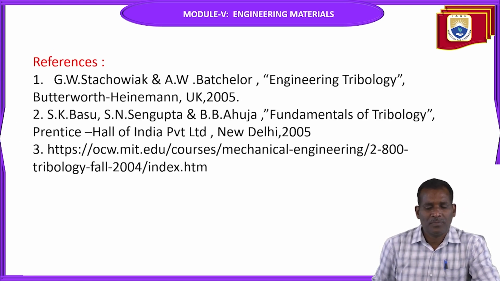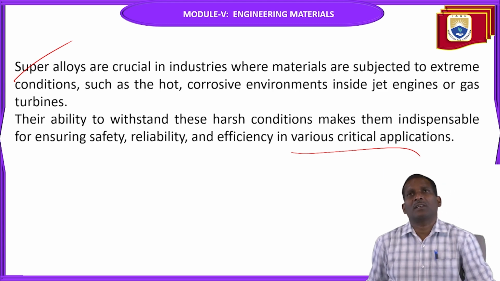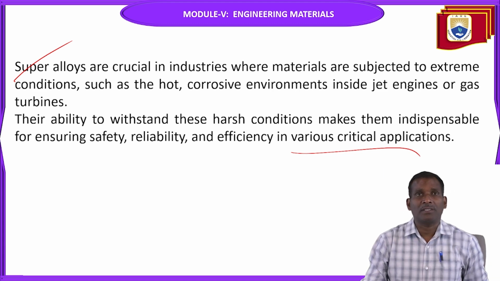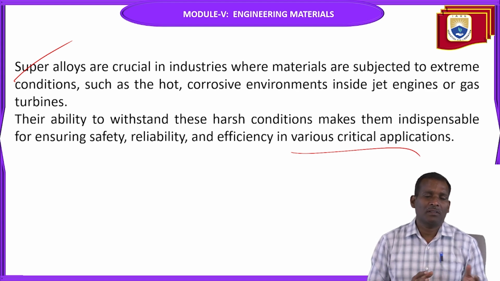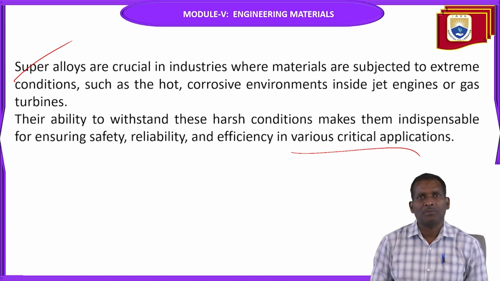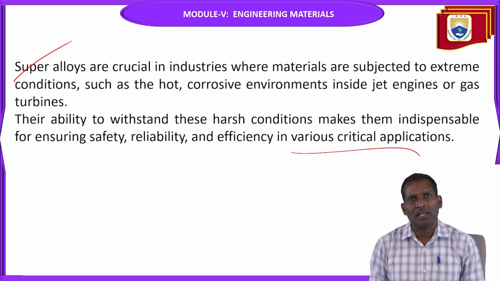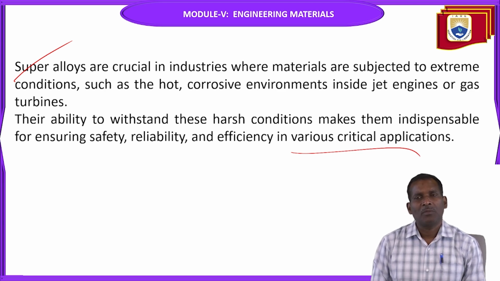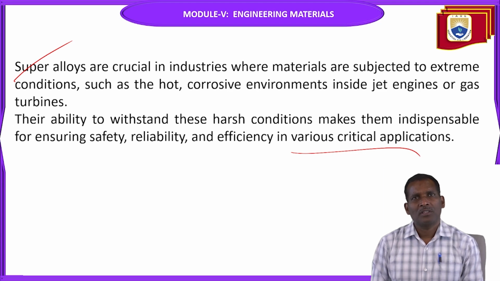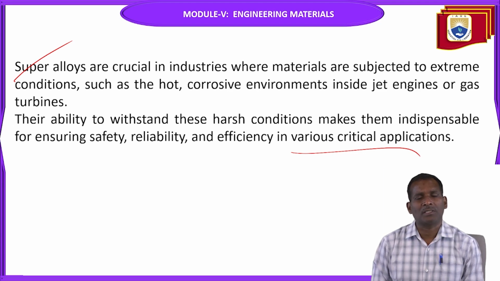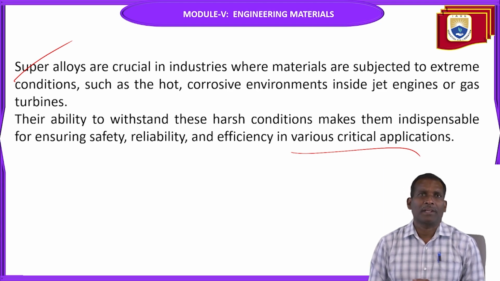So like this, materials are classified into various types according to the type of application. Before designing any object, you should select the proper material for the right application. Then only will the product be a success in the market.